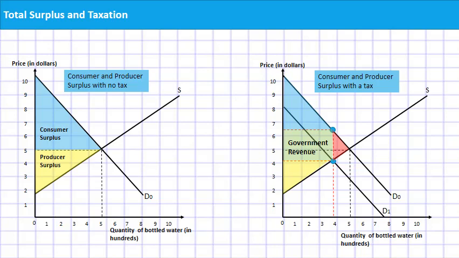Taxes reduce, and this is extremely important to understand, taxes reduce the consumer and the producer surplus. The elasticity of supply and demand will determine by how much. And then it also introduces, you'll see there in the red, the deadweight loss.